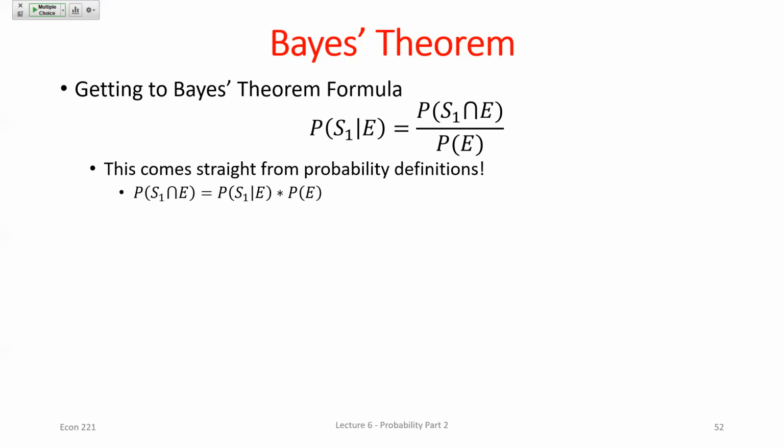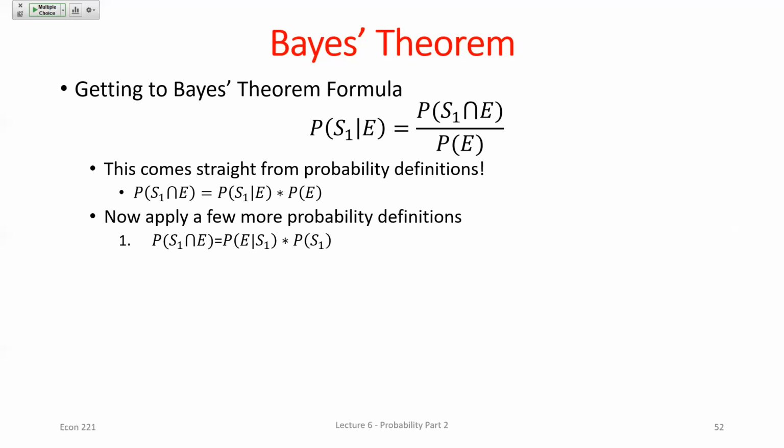So I might initially try writing that intersection out like that, but the probability of S1 and E is the same as E and S1. So now if I use this form and try to rewrite it, I can write it as this conditional probability times what I'm conditioning on, because the order in my intersection didn't matter. So we can plug this into the numerator.